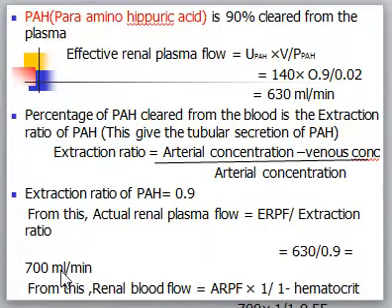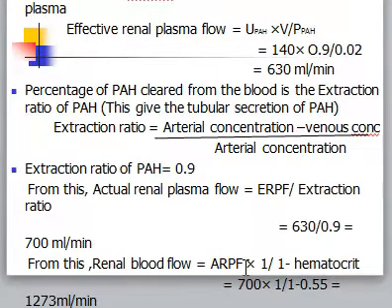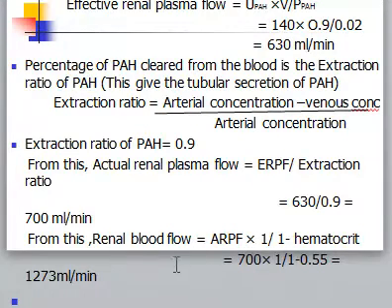From this we can easily identify the renal blood flow: renal plasma flow times 1 divided by 1 minus hematocrit, equal to 700 times 1 divided by 1 minus 0.55, equal to 1273 ml per minute.